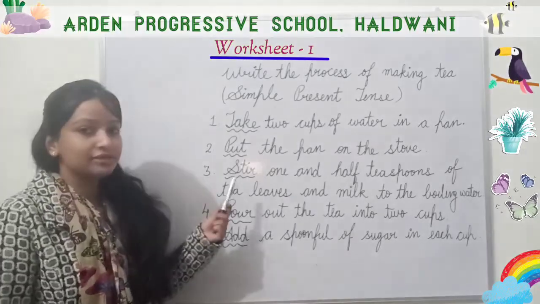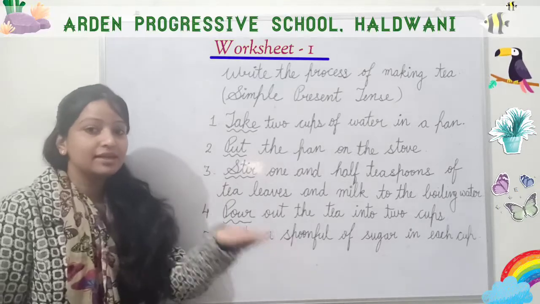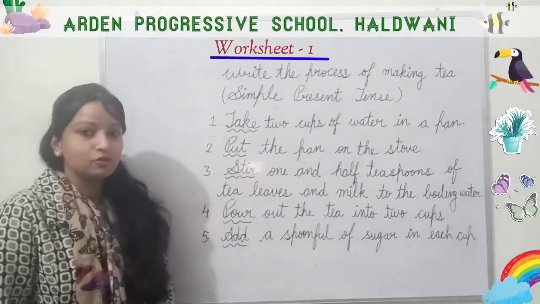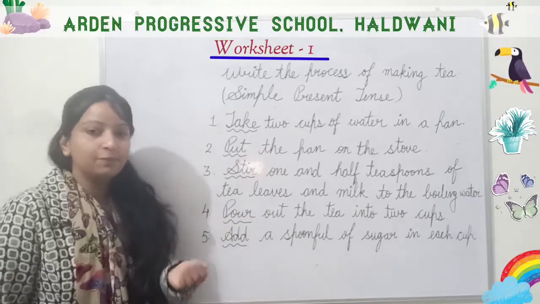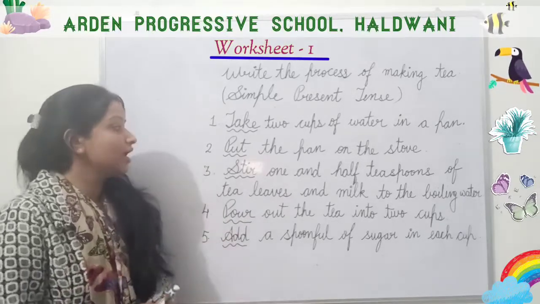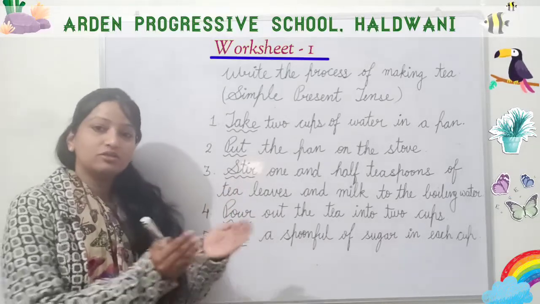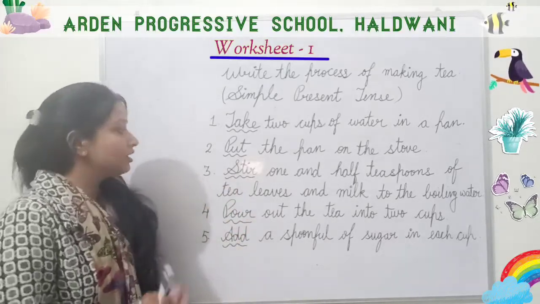The first is take 2 cups of water in a pan. Put the pan on the stove. Very good.